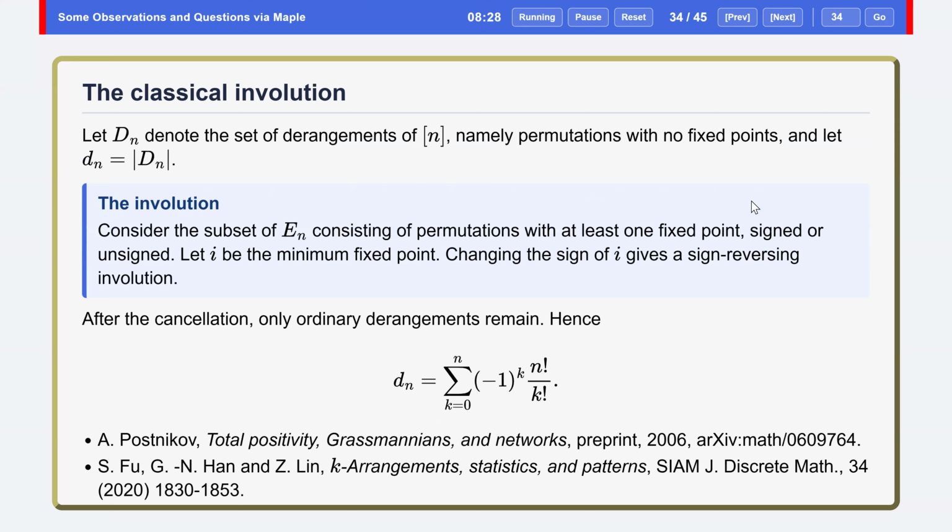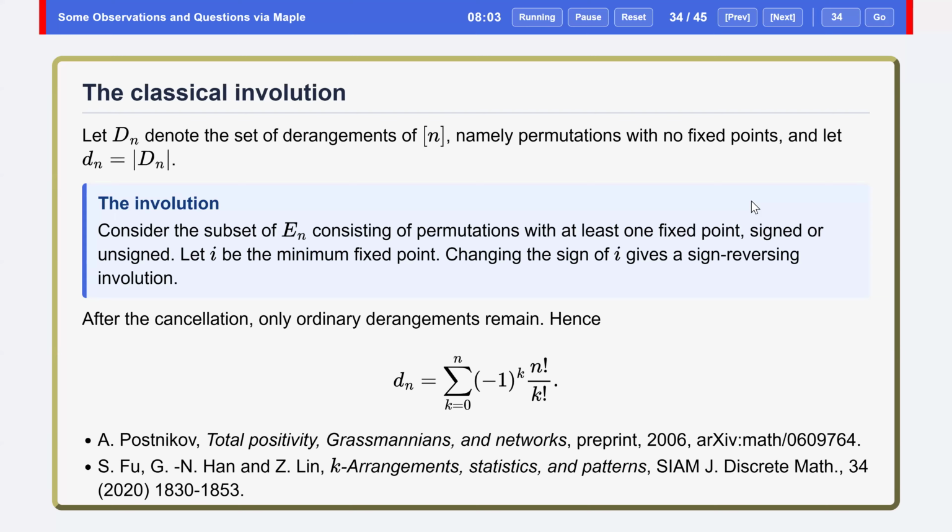Consider the subset of E_n consisting of permutations with at least one fixed point, signed or unsigned. Let i be the minimum fixed point. We change the sign, so that we have a sign-reversing involution. After cancellation, only ordinary derangements remain, so we get this classical number.